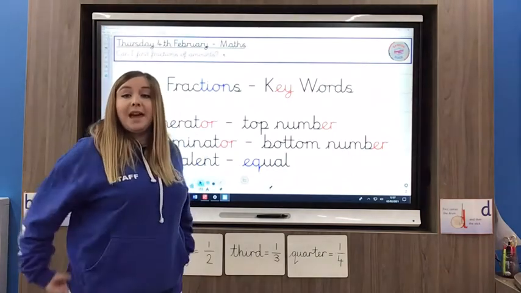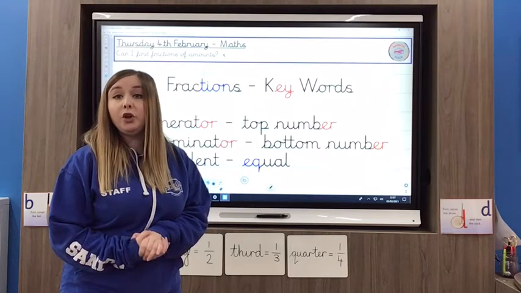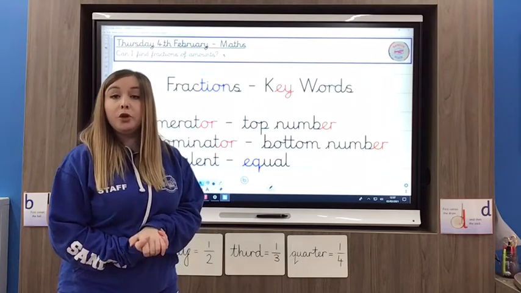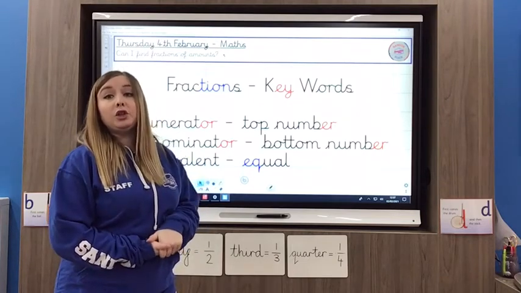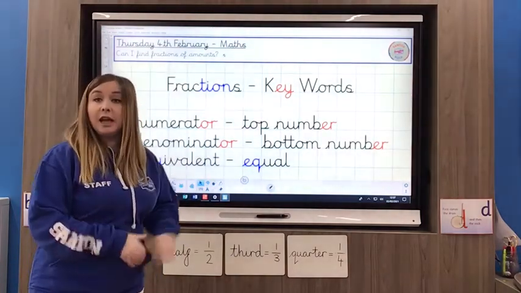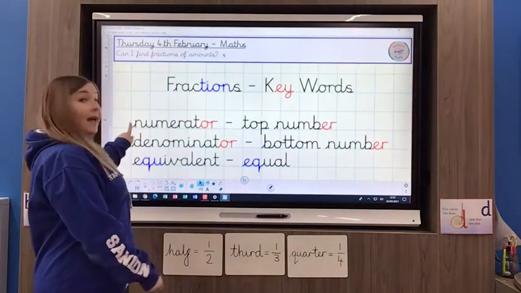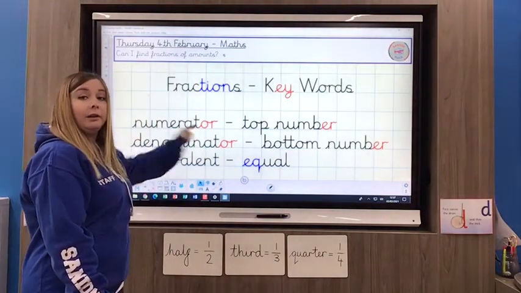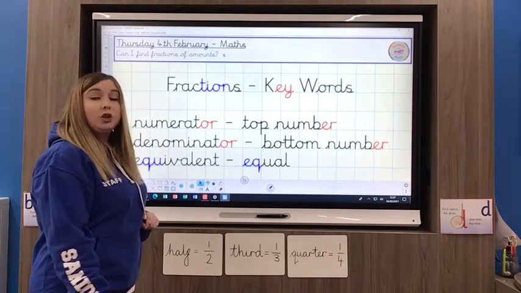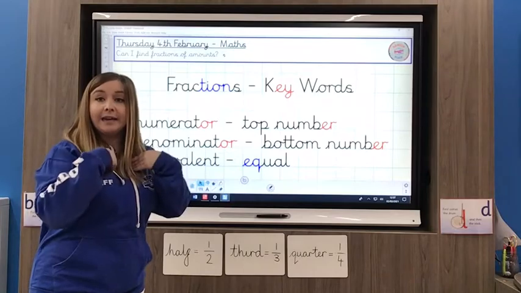Now this week we've been looking at fractions. Before we get started on today's learning, we're just going to recap some of the new vocabulary we've learned to do with fractions. Remember, a fraction is a part of a whole. The numerator is the number at the top of our fraction, and it tells us how many we have.